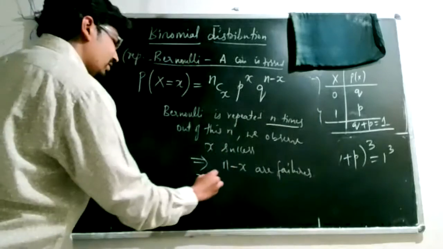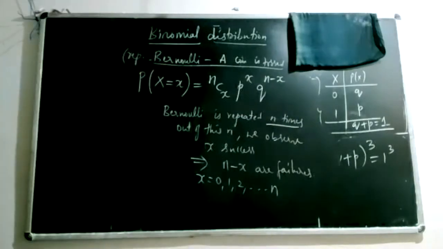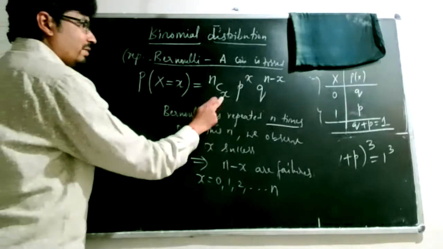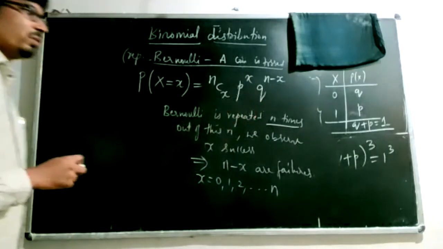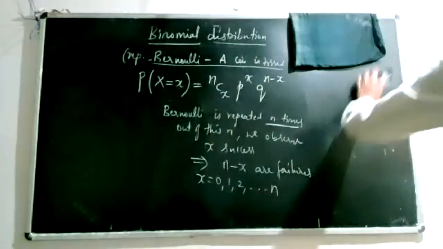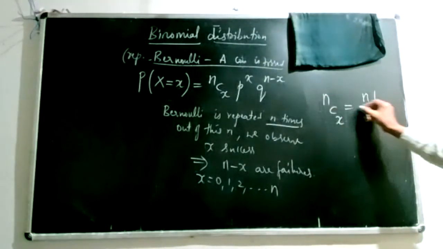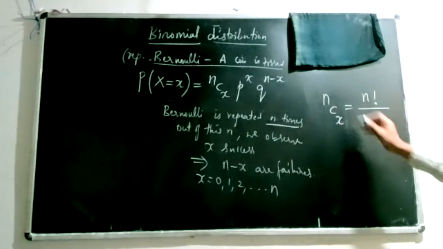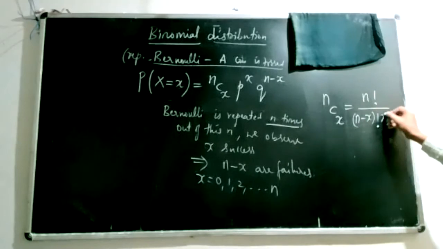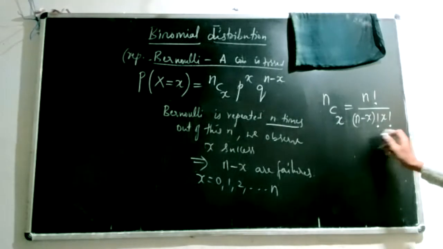Now this number of successes could be 0, it could be 1, it could be 2, etc. It could be n. And what is the probability for a particular value of x? That is given by this mathematical form, which is nCx, p power x, q power n minus x, where nCx is the mathematical term used to define the combinatorial possibilities of selecting x items out of n cases, and it is given by the formula n factorial divided by (n minus x) factorial, x factorial.